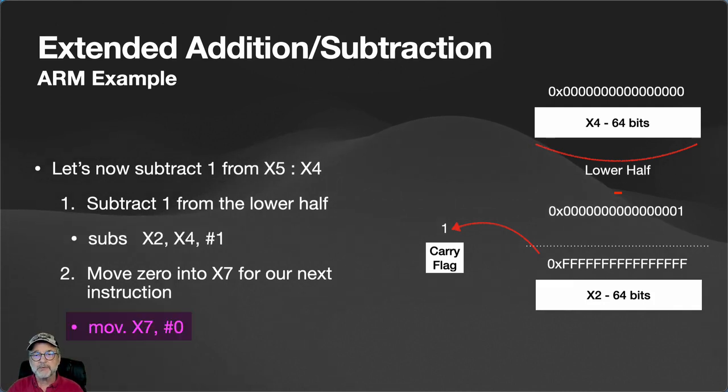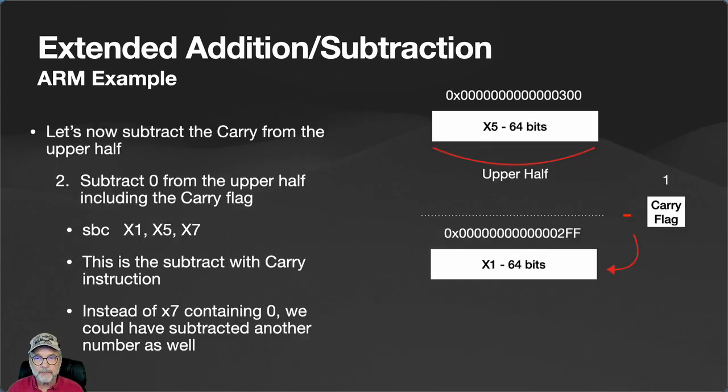Then we move 0 into x7 for our next instruction, because the next instruction cannot use a literal or an immediate value like we did in the SUBS in step number 1.